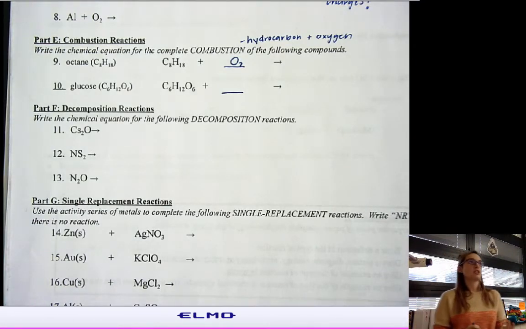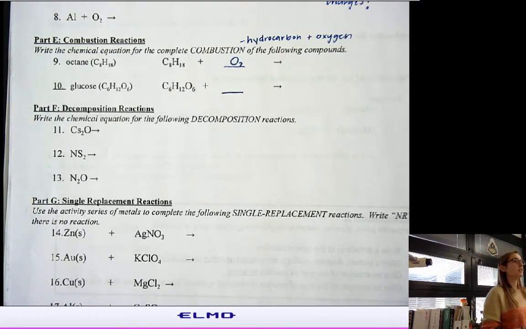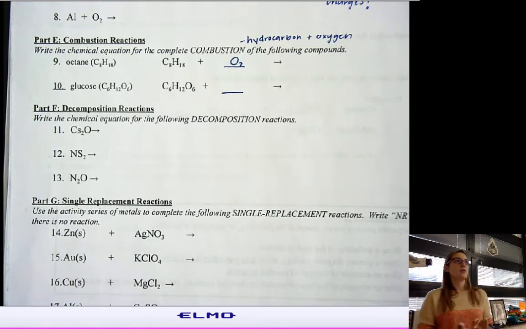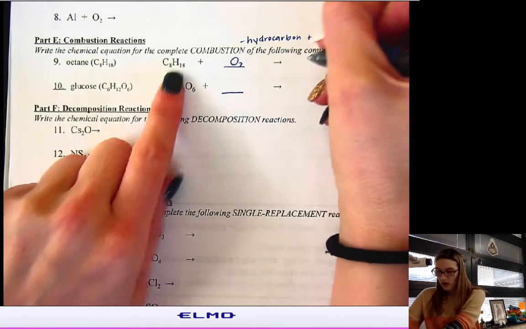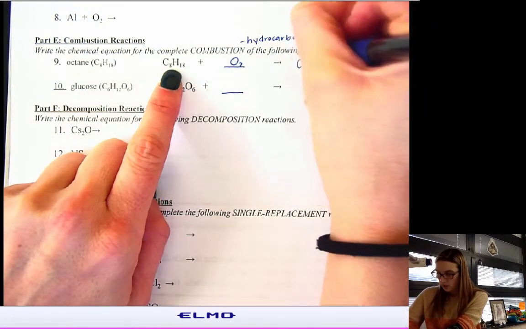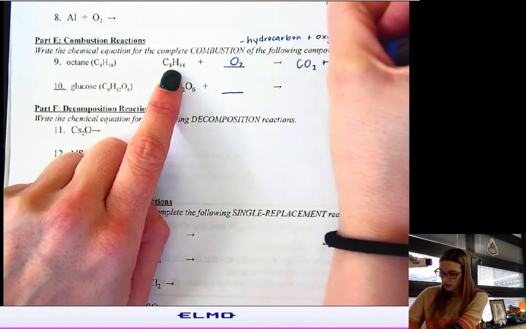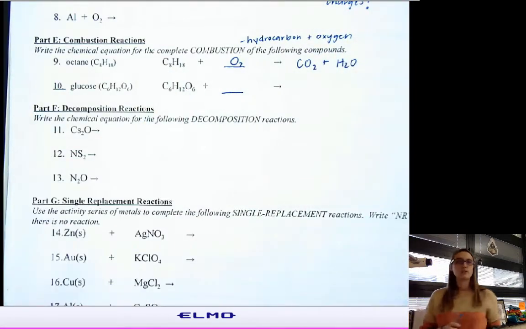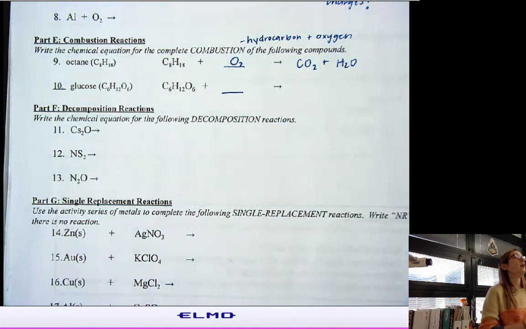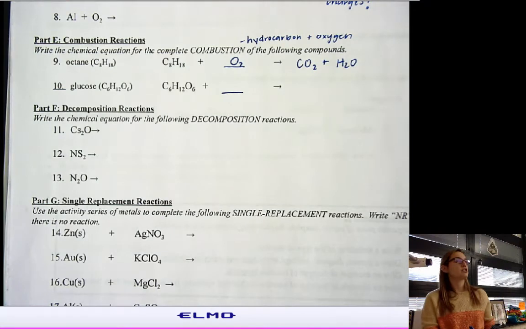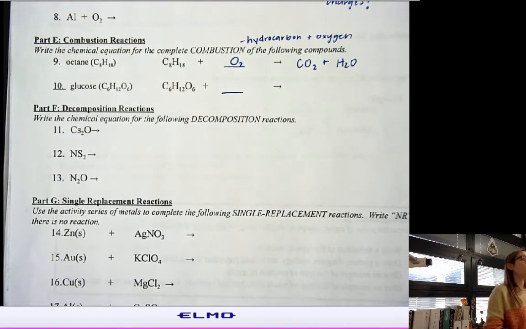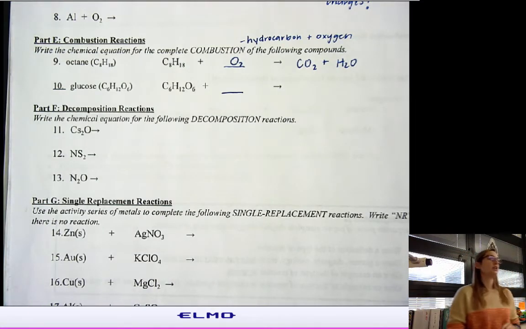So whenever you have combustion, it's always hydrocarbon plus oxygen, and the products are always the same. No matter what hydrocarbon you start with, the products are always CO2 plus H2O. Then you'd have to go back in and balance, right? Add your coefficients, but no matter what, it's always CO2 and H2O.